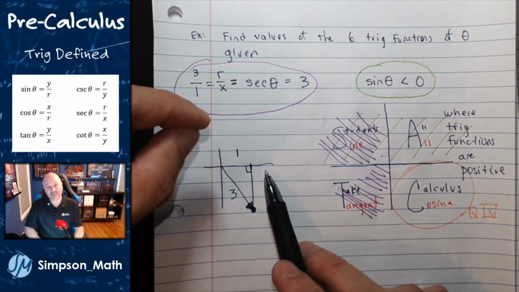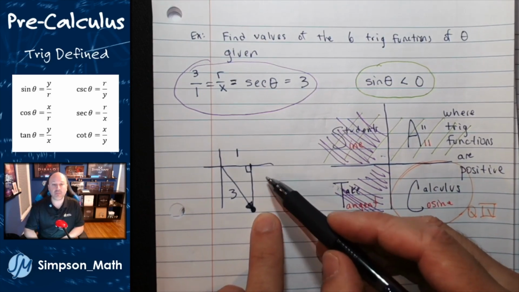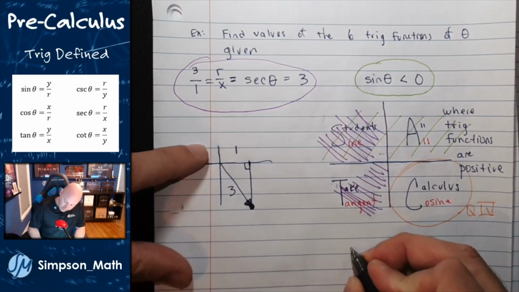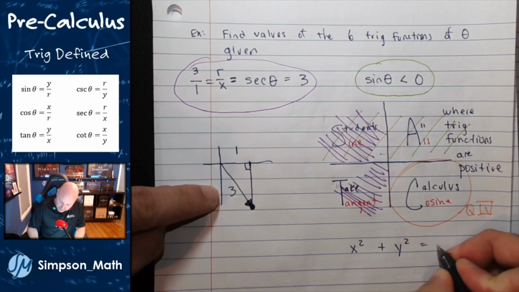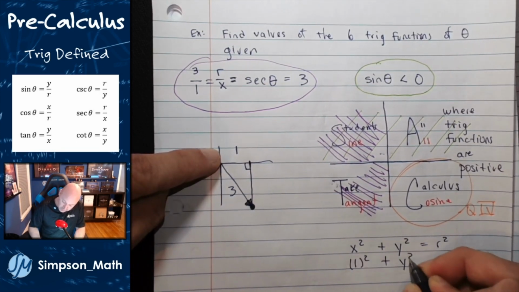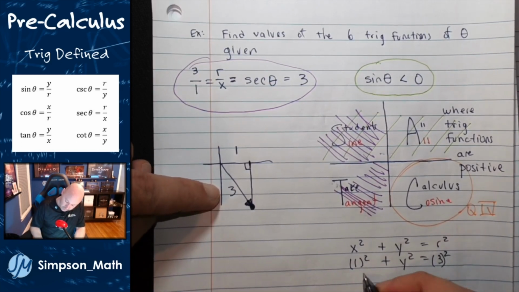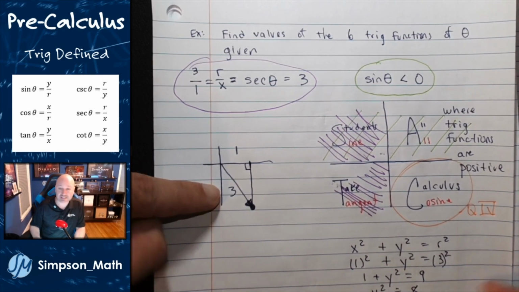Again, the y value is below the x-axis, so the Pythagorean theorem better spit out a negative value. Let's go find it. X squared plus y squared will give me this radius squared. I know what x is. I know what the radius is. Subtract that over. Y squared is 8.